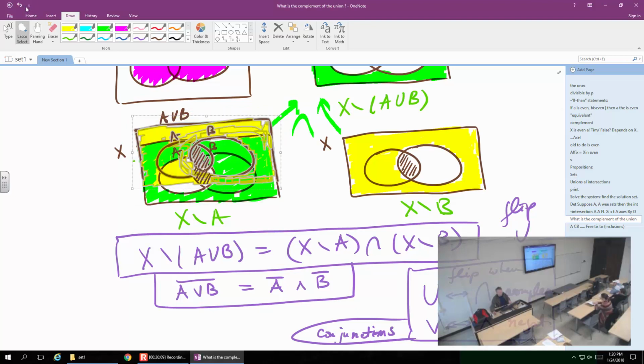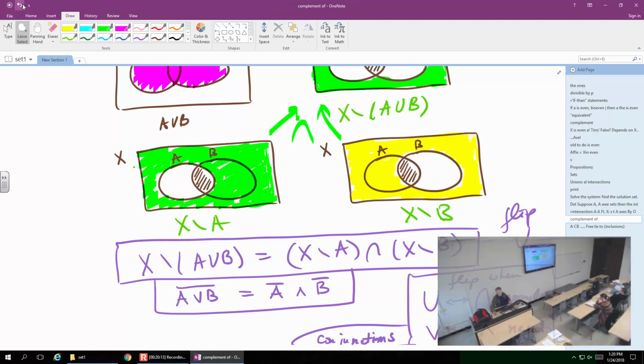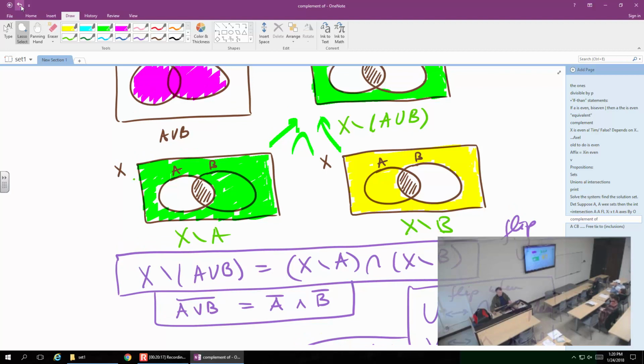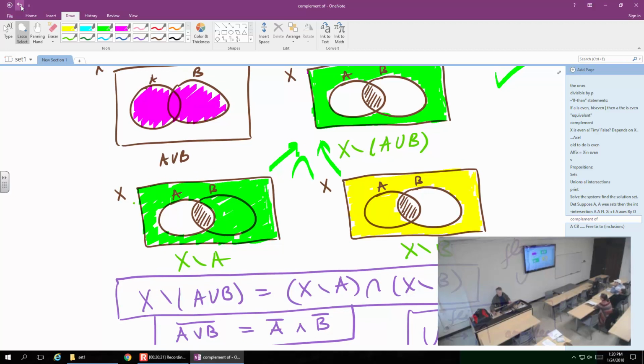Okay, so let me start over. There is a way to do it. Instead of coloring, how about, what is going on here?